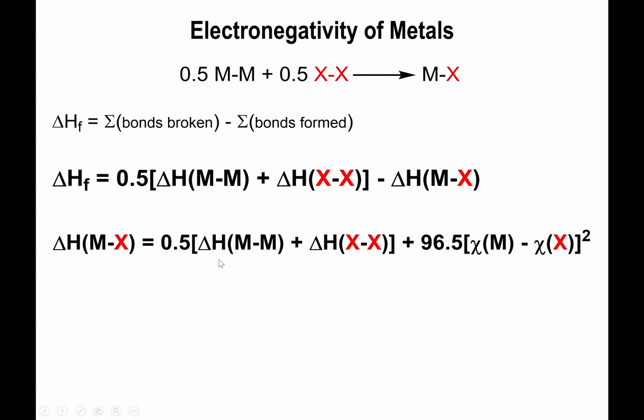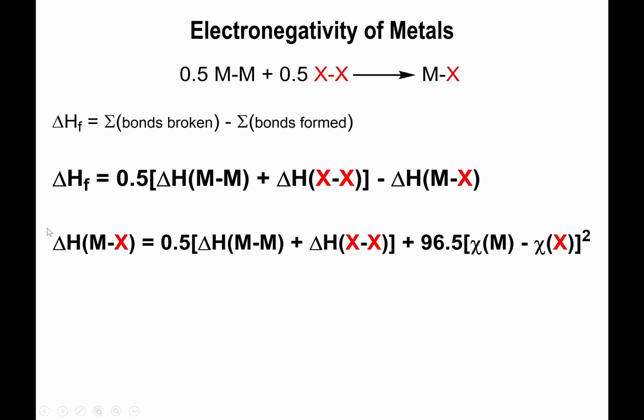All right, but we also know from the previous slide that the enthalpy of the mixed species is given by the average of the bond dissociation enthalpies of the homonuclear diatomic molecules, MM and XX, plus the ionic contribution, which is 96.5 times the difference in electronegativities of the two elements squared.